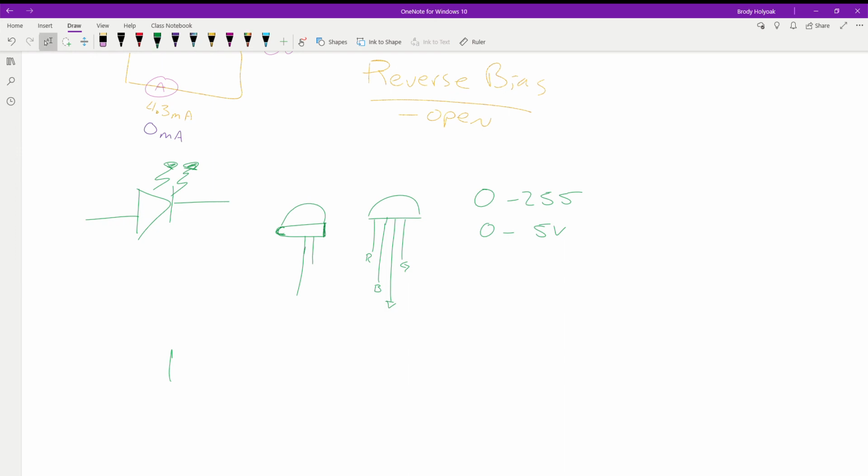They behave differently because inside here, this just has the P and the N material. The tricolor has a little computer chip, and it's got little surface mount resistors and things like that. So it interprets the signal and then spits out a voltage on top of that. But your regular diodes are just the material that glows when it passes a current through it.